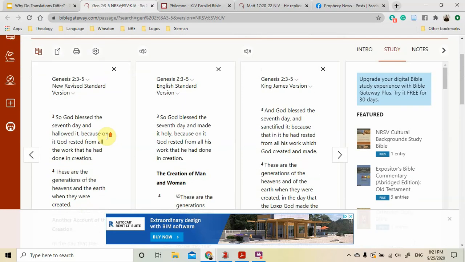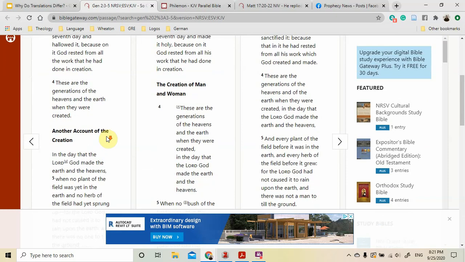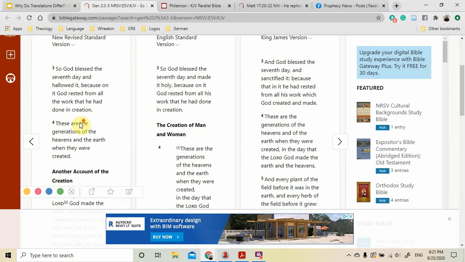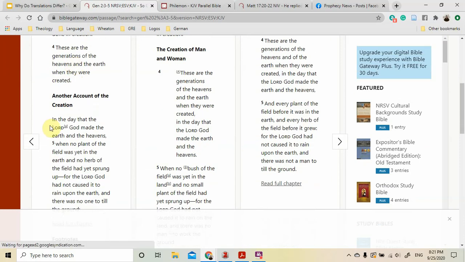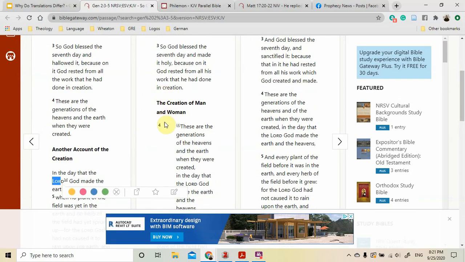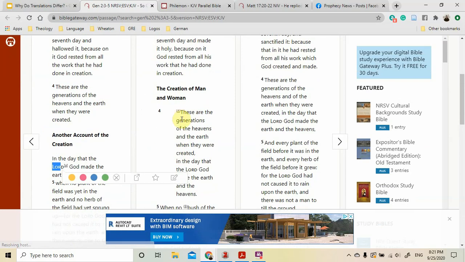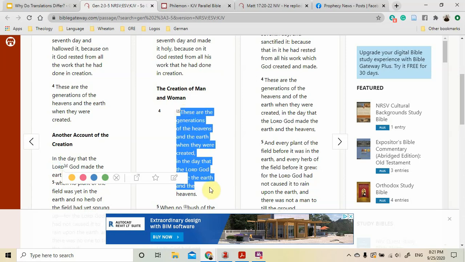And so we can see here the NRSV splits their text between verse 4, and that's because they believe that these different names of God are making a break. Where the ESV is going to put verse 4 together because they don't follow the documentary hypothesis as much.